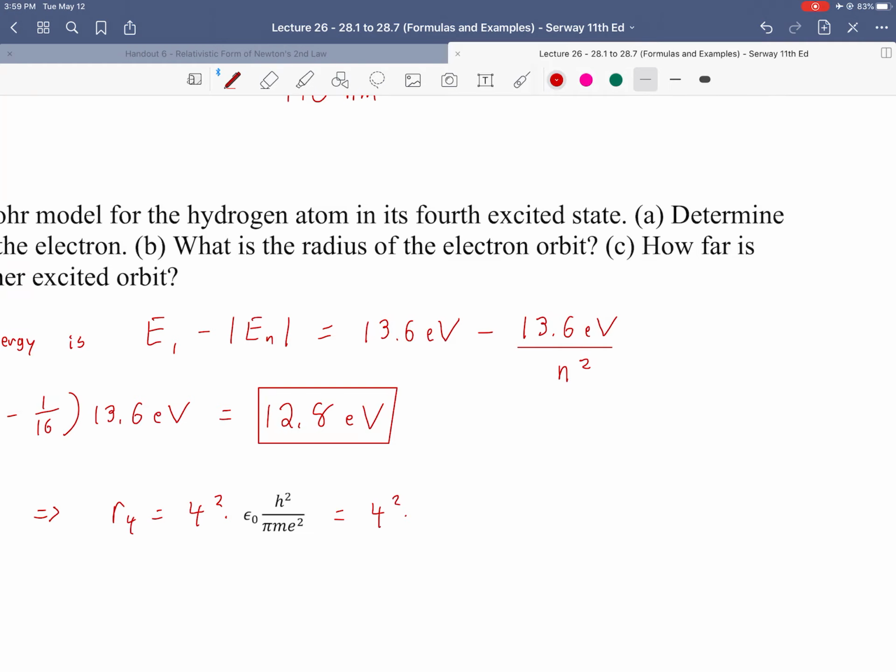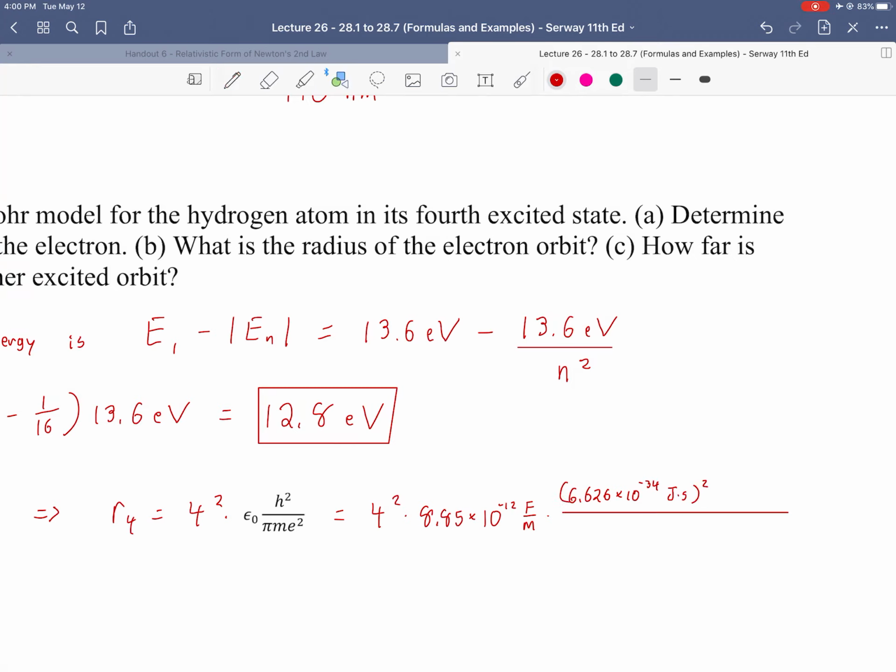So we've got our 8.85 times 10 to the negative 12 farads per meter, and then times Planck's constant squared, so 6.626 times 10 to the negative 34 joule seconds, quantity squared.